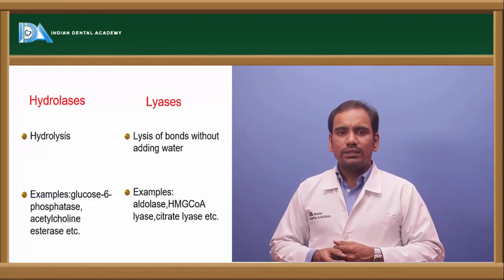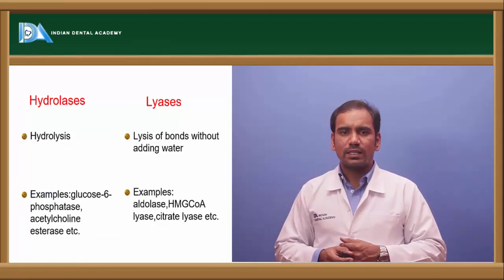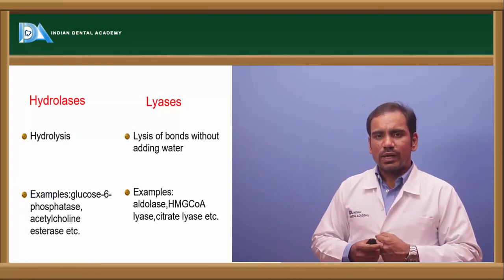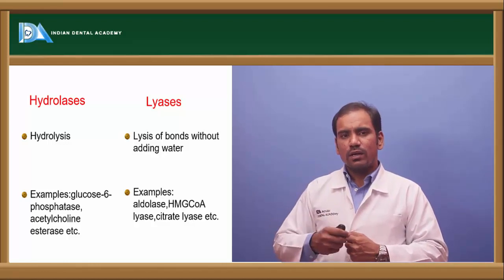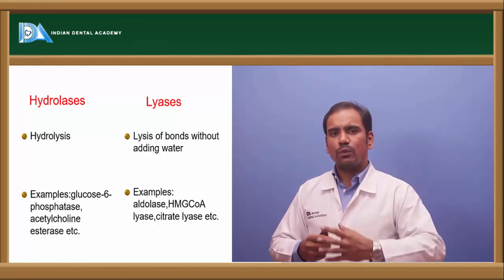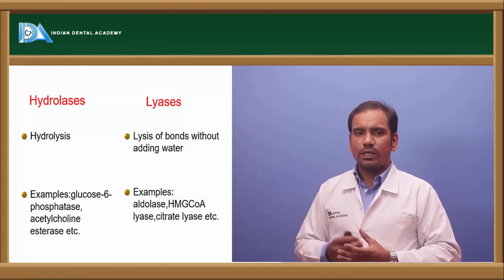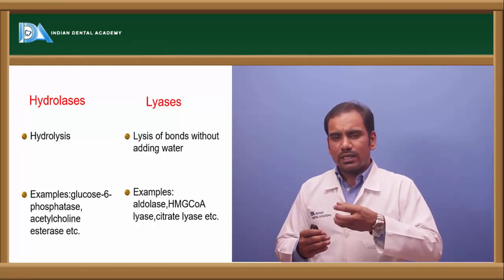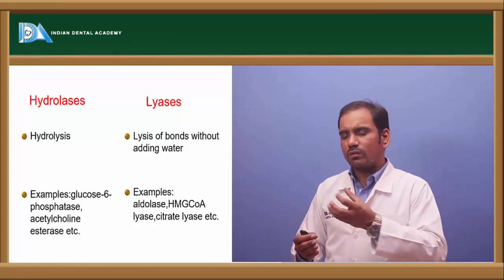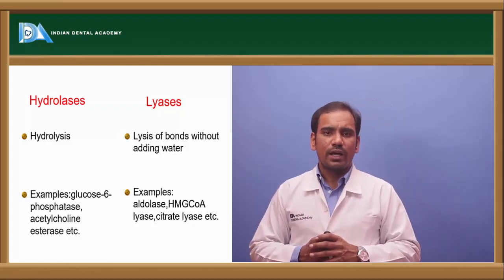Coming to the third class, that is hydrolases. So enzymes catalyzing the reactions of breaking of bonds by introducing a water molecule are called hydrolases. So hydro stands for water. So here the enzymes are breaking the bonds using water molecules. That's why they are called hydrolases.